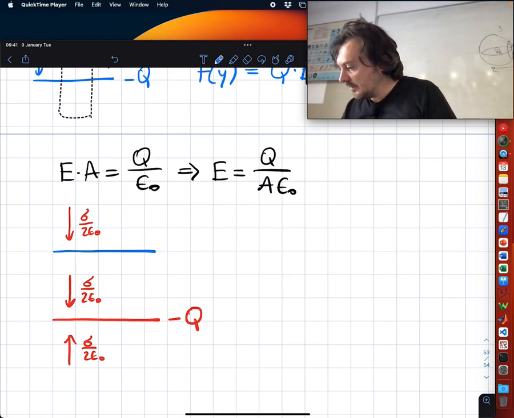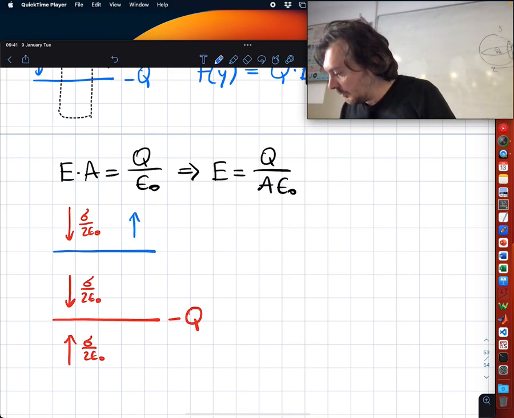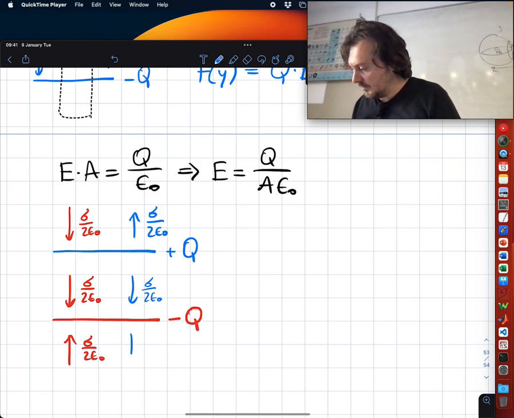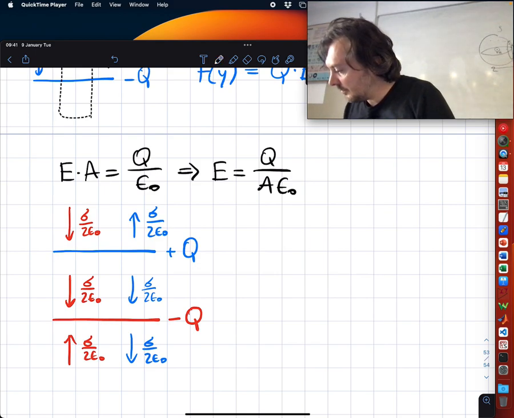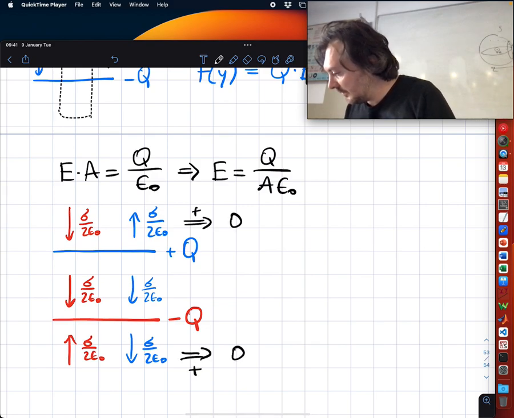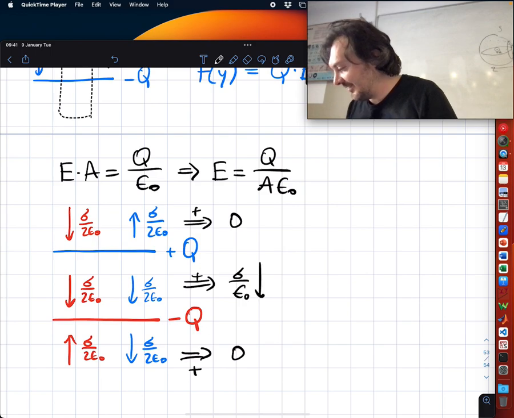And the blue one is plus q, it's creating sigma over 2 epsilon 0, sigma over 2 epsilon 0, and sigma over 2 epsilon 0. So if you sum them up, you get 0 here, you get 0 here, and you get sigma over 2 epsilon 0 plus sigma over 2 epsilon 0, sigma over epsilon 0 in this direction.